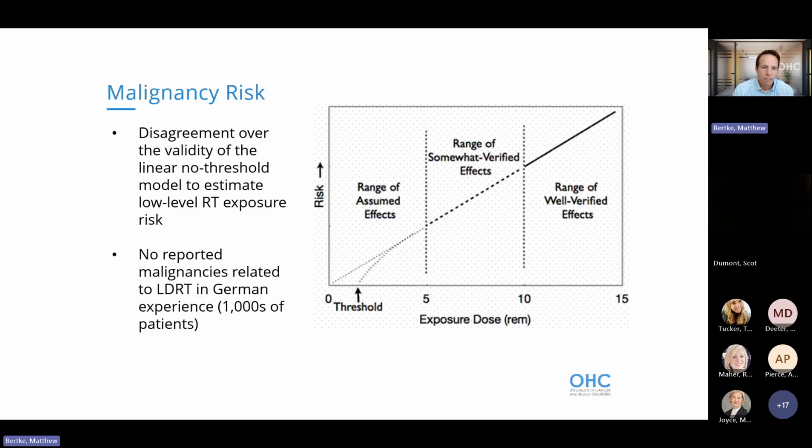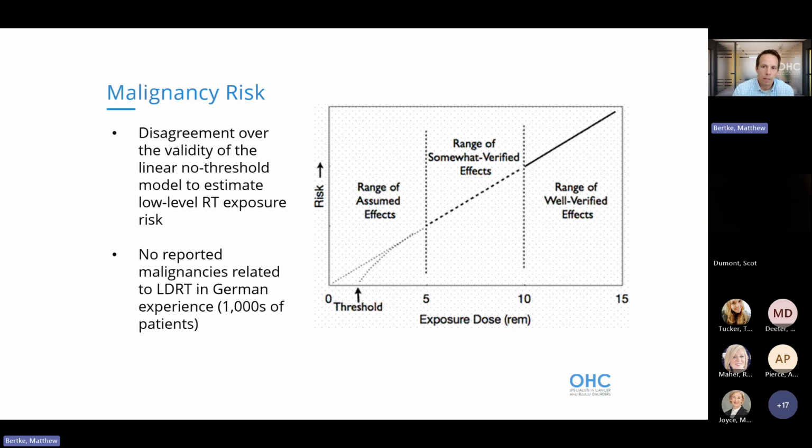The malignancy risk: there's disagreement in the radiation field as to whether there truly is a possibility of causing a cancer with these low doses of radiation. We basically have different models that can predict risk of cancer being caused by radiation, and there are well-known risks at higher dose levels.